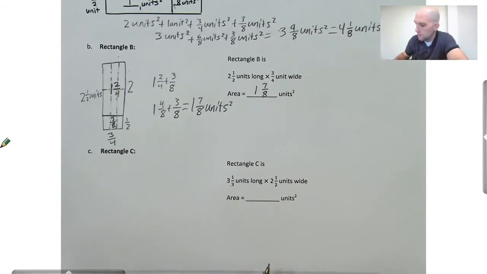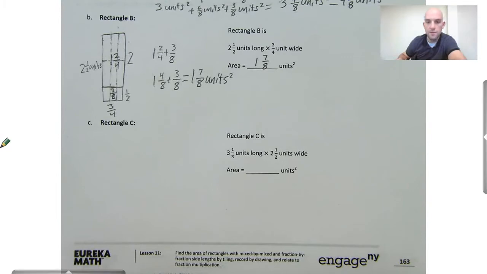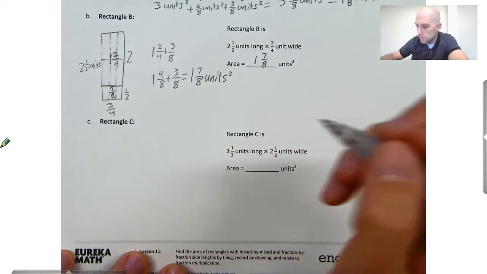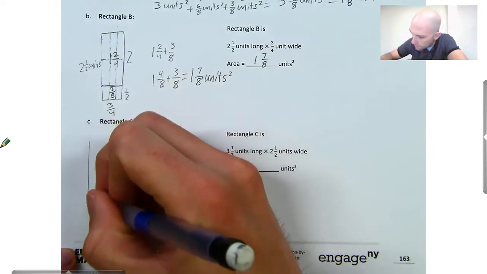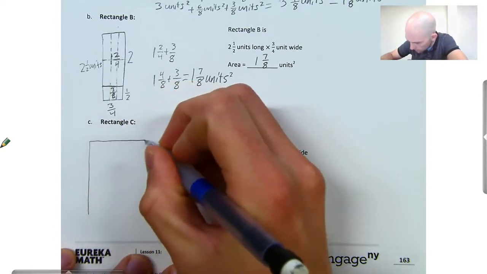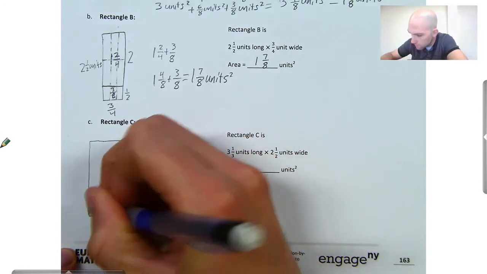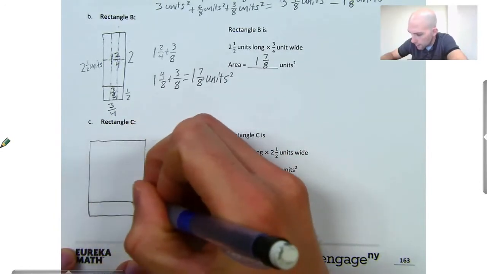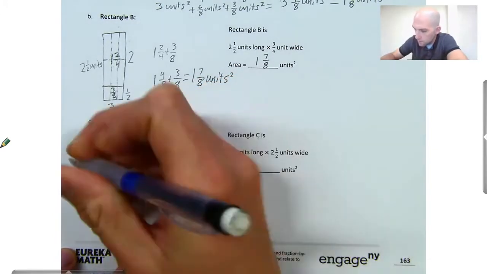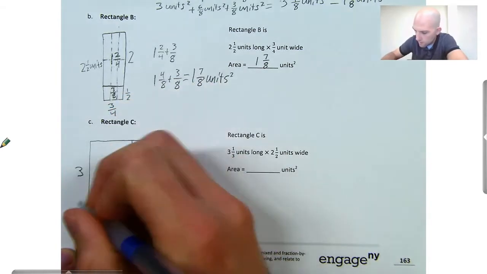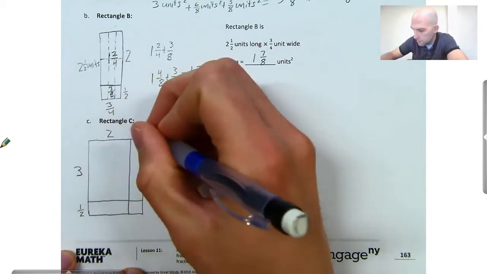And then we have rectangle C. Rectangle C is 3 1/2 units long by 2 1/2 units wide. So we will need to draw a rectangle here. We have 3 1/2 by 2 1/2. So 3 by 1/2. And then I have 2 by 1/2.